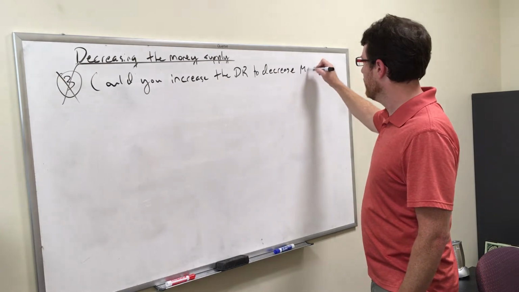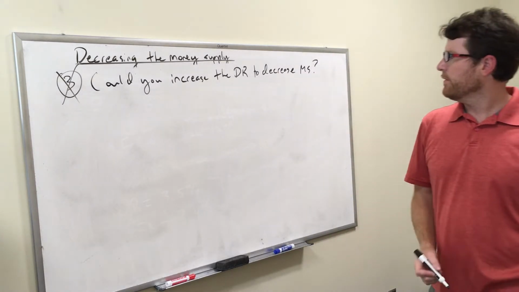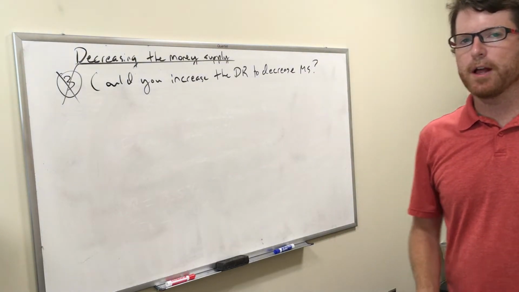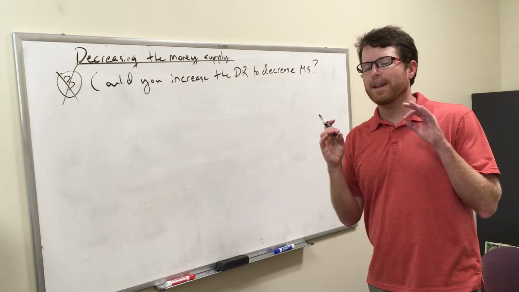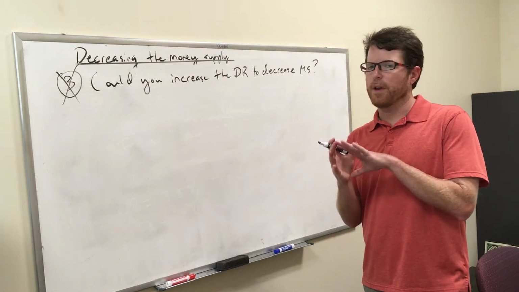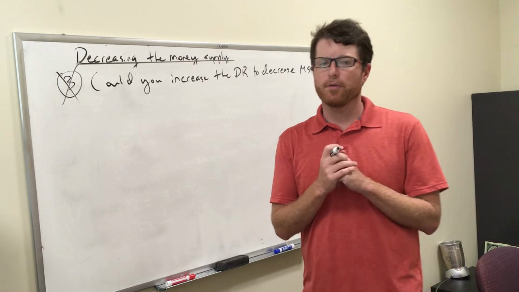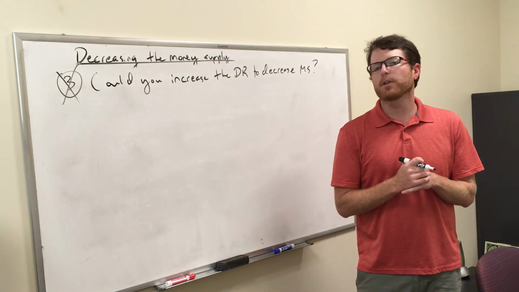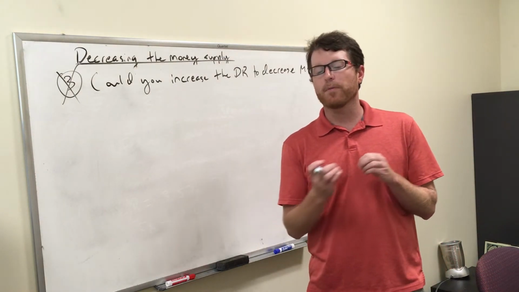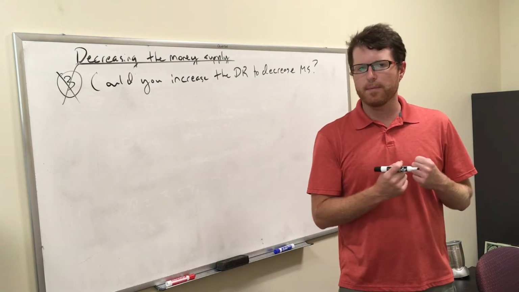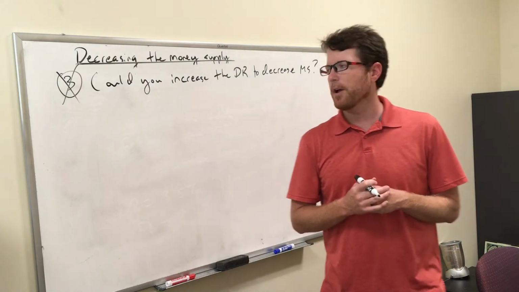So the question is, could you increase the discount rate to decrease the money supply, right? And remember, when we talked about increasing the money supply, we said the Fed could drop the discount rate below the federal funds rate. And if the discount rate is below the federal funds rate, the banks are going to borrow from the Fed, which would be new money being borrowed, thus increasing the money supply.